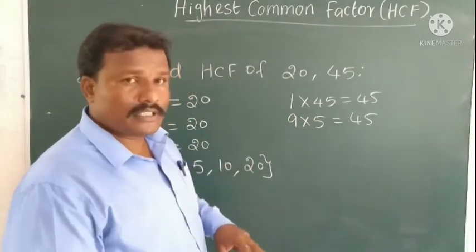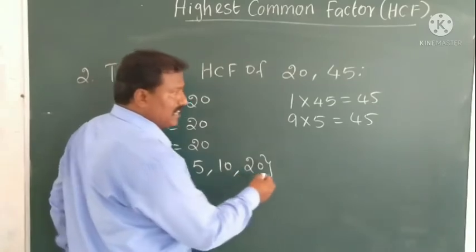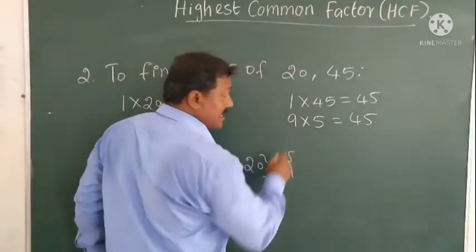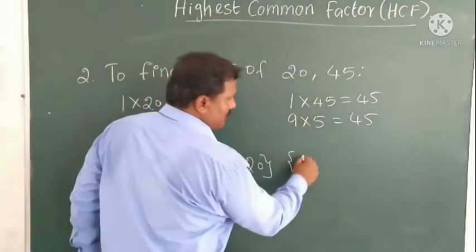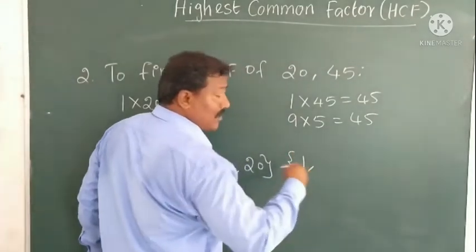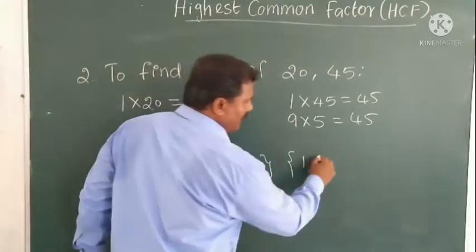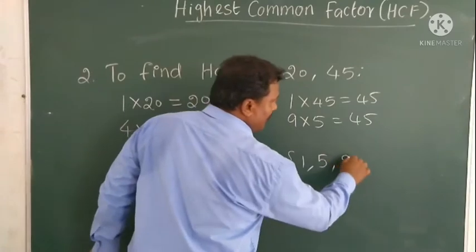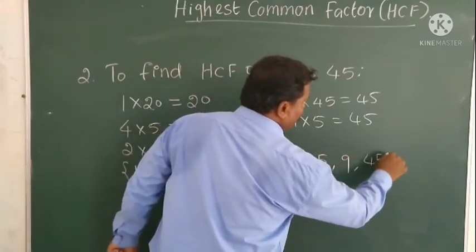I think only this much factors. So let me collect and write the factors in ascending order. So 1, then another bigger number 5, then 9, then 45.